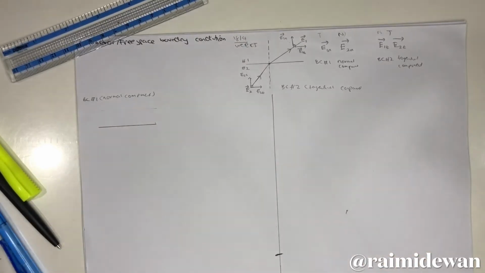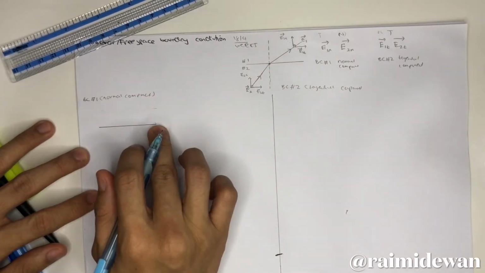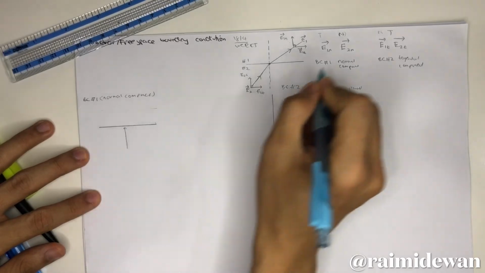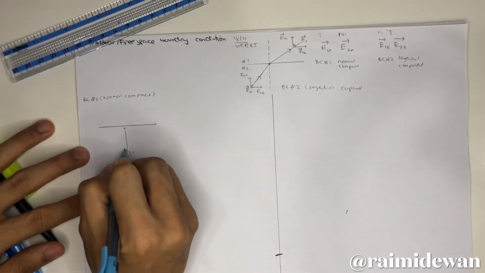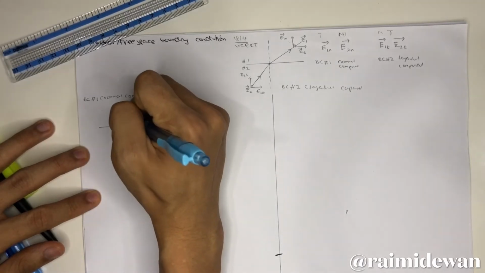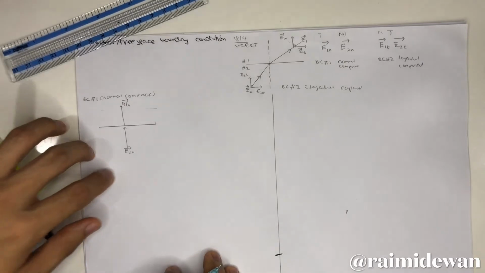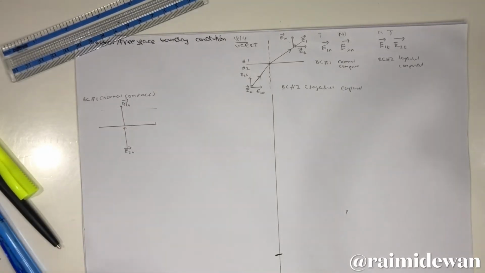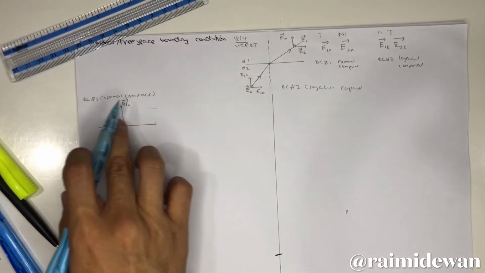Now for normal, for example, imagine this, and you have a normal component here, which is your E2n, and this one is your E1n, as your normal components. Imagine that we actually have some charges built up at the surface.